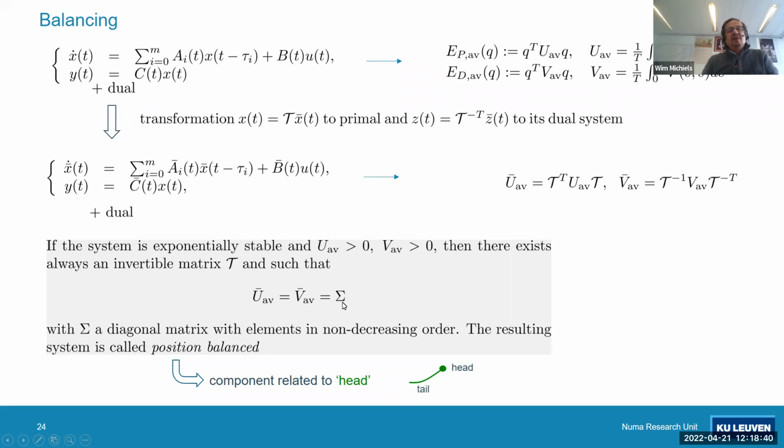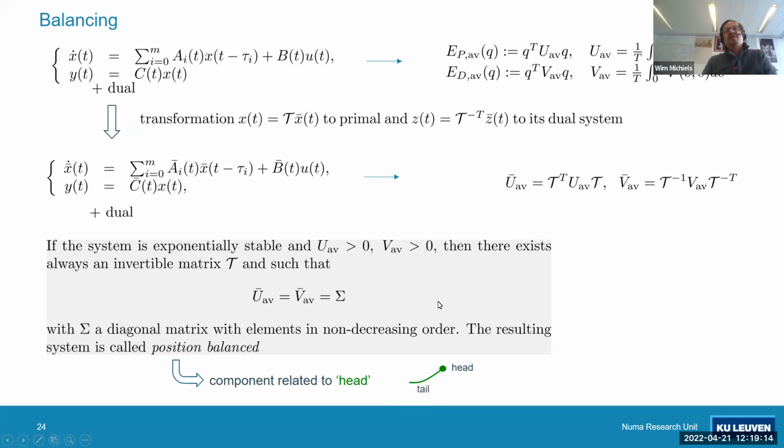And now, when we achieve this property, then I say that the whole system is called position balanced. And why is this called position balanced? Recall from before that the natural state is a function segment with a head and with a tail. In fact, you can show that if you compute the infinite dimensional Gramians associated with the linear formulation, what we actually do is that we only balance part of the Gramian related to the head, the part in Rn.